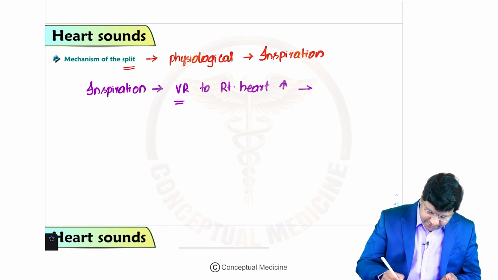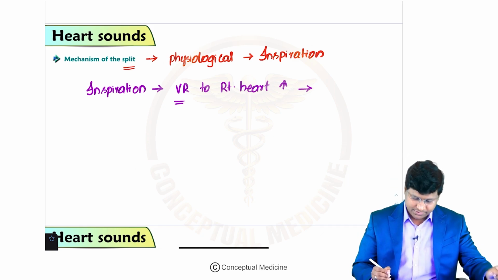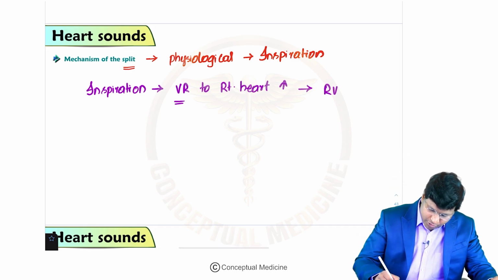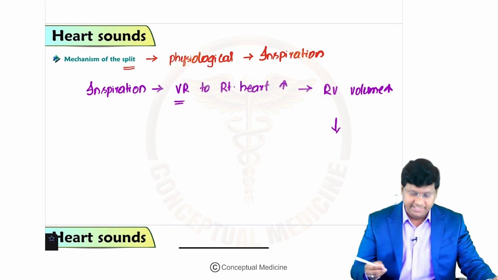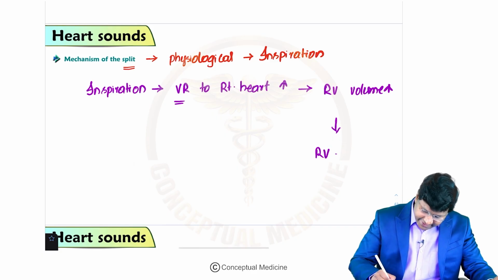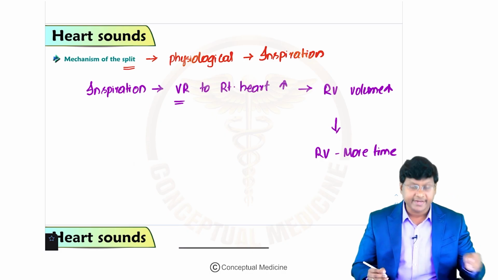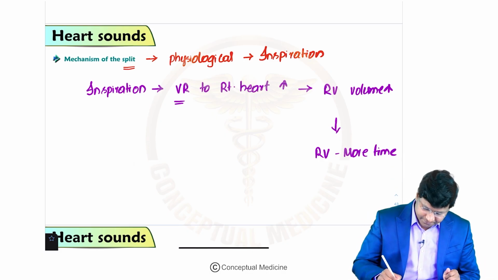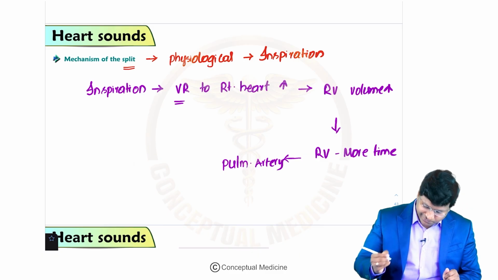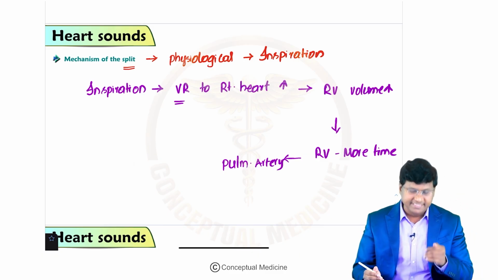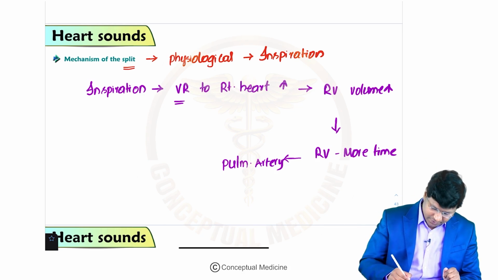And as the venous return to the right side of the heart increases, what will happen to the RV volume? The RV volume is also increased. Now, as the RV volume is increased, the right ventricle takes more time to empty the blood into the pulmonary artery.